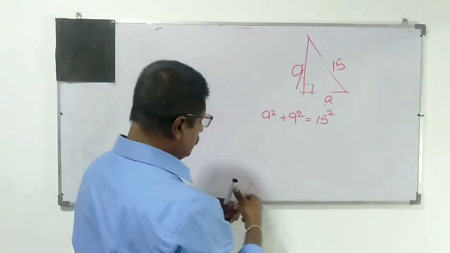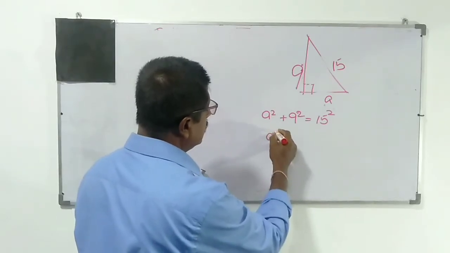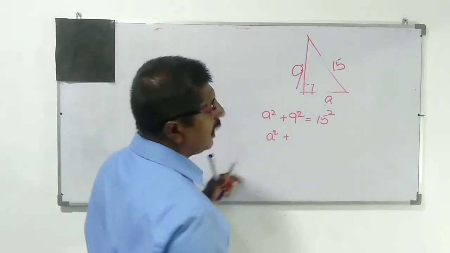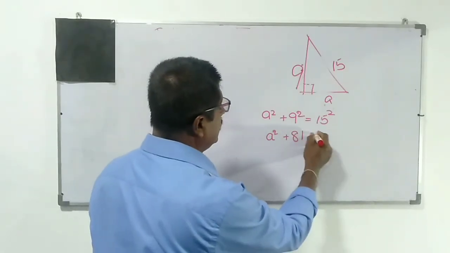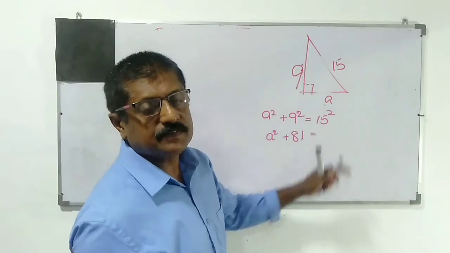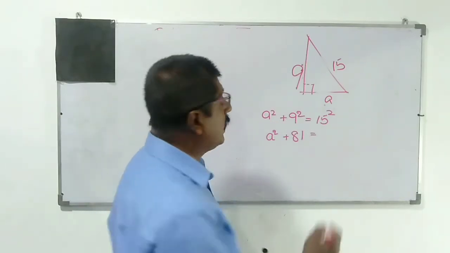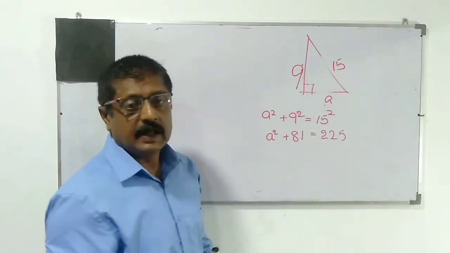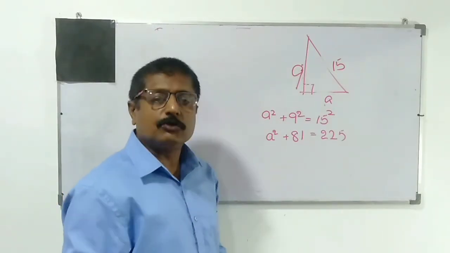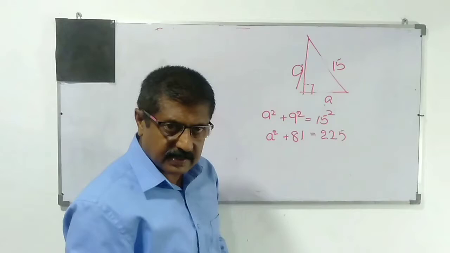Then A squared plus, how much is 9 squared? 81. 81 equals, how much is 15 squared? 225. Now you all know how to solve an equation.